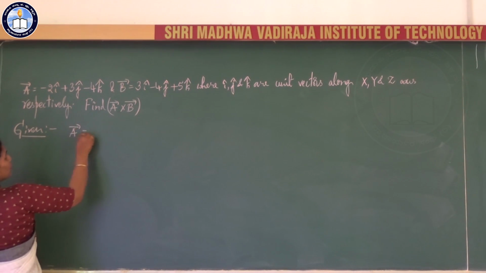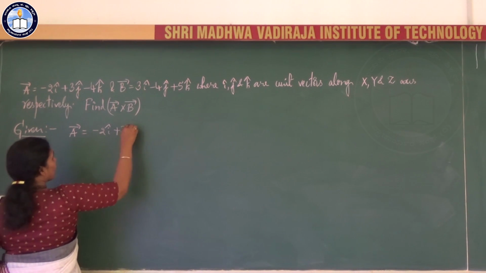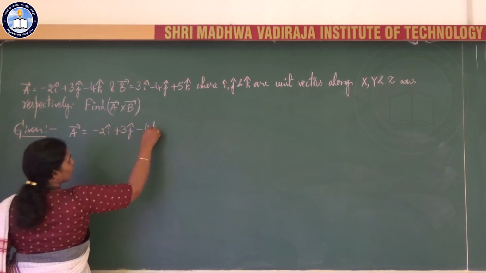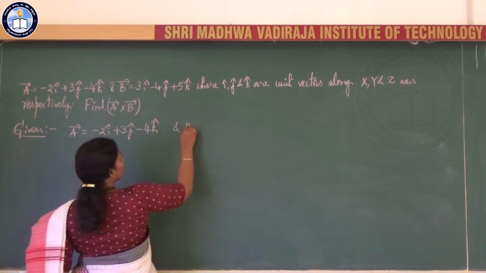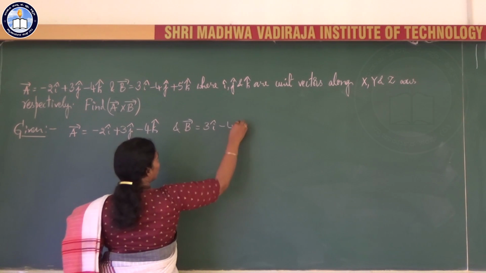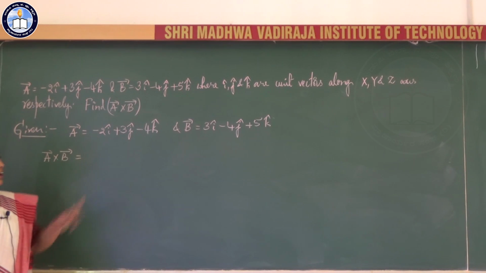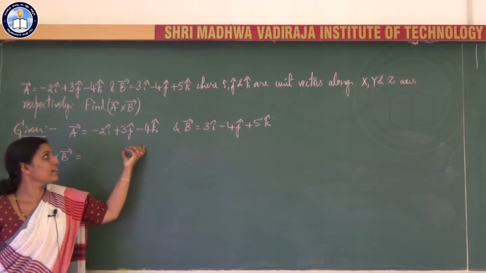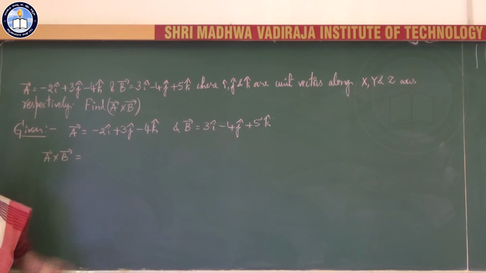A vector equal to minus 2i cap plus 3j cap minus 4k cap and B vector equal to 3i cap minus 4j cap plus 5k cap. We have A vector and B vector written in the component form. We will go to A vector cross B vector. As we have learned in the previous section, we will directly go to the determinant.